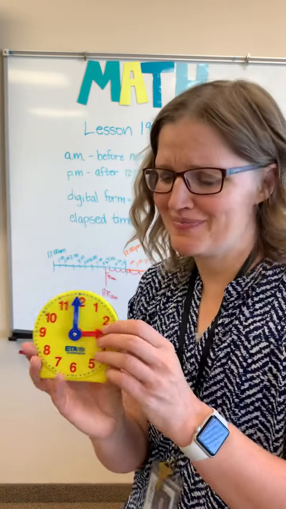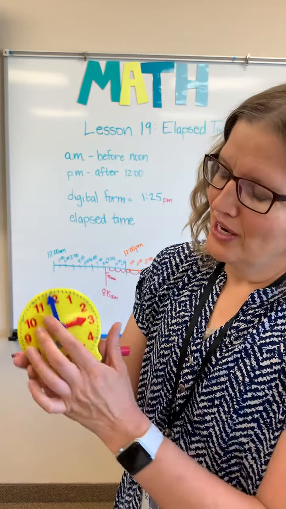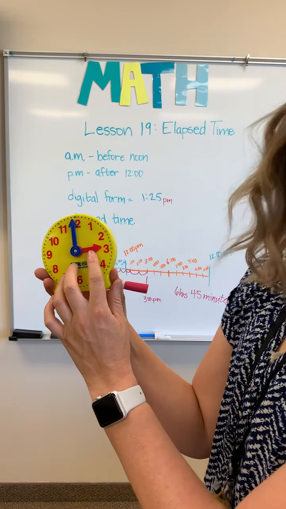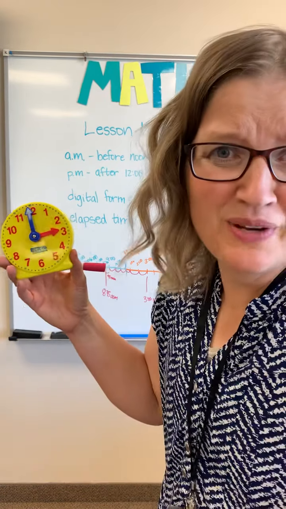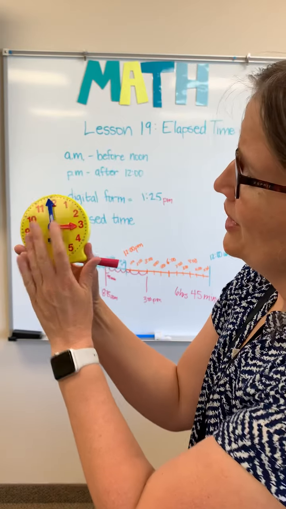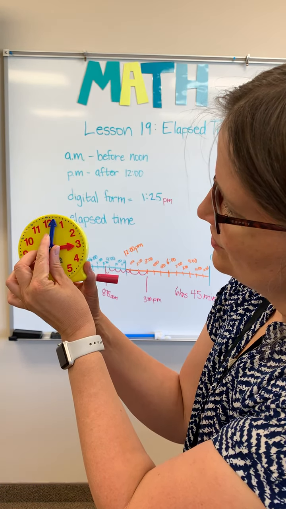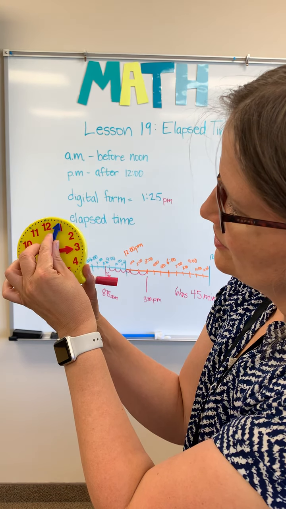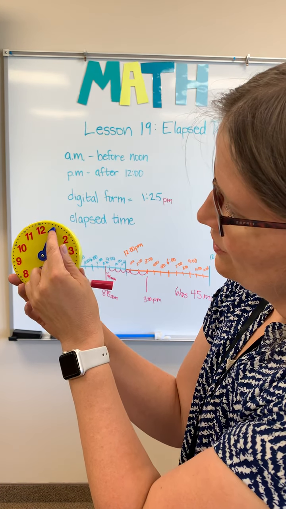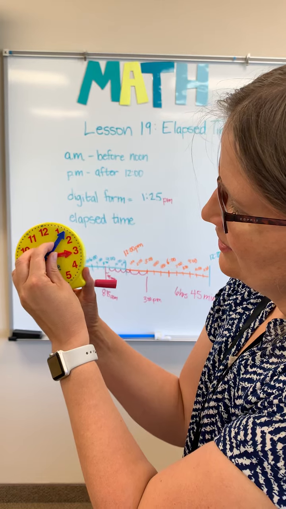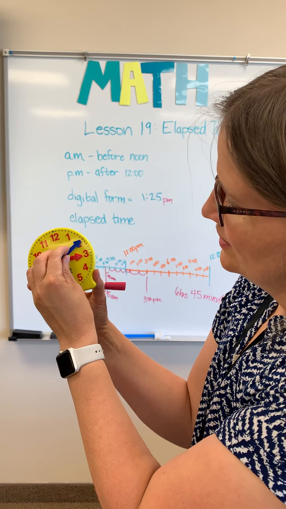Good job. So throughout the day, we'll start at 3 o'clock because that's when we get out of school. We have 3 o'clock and our time goes around. We know that this is now 3:05 and then 3 and 10 minutes.